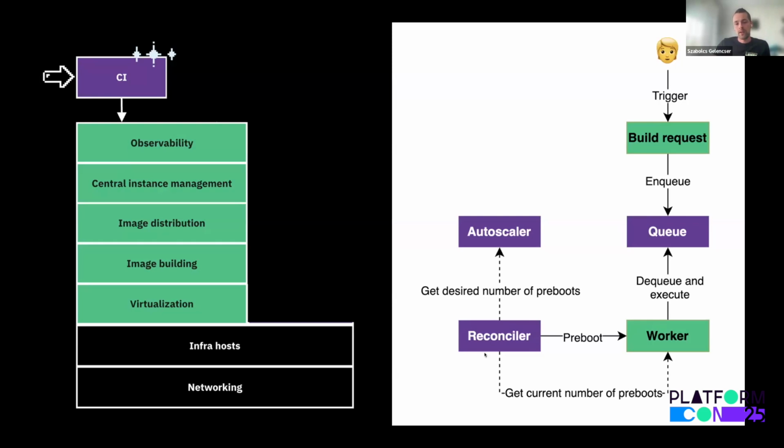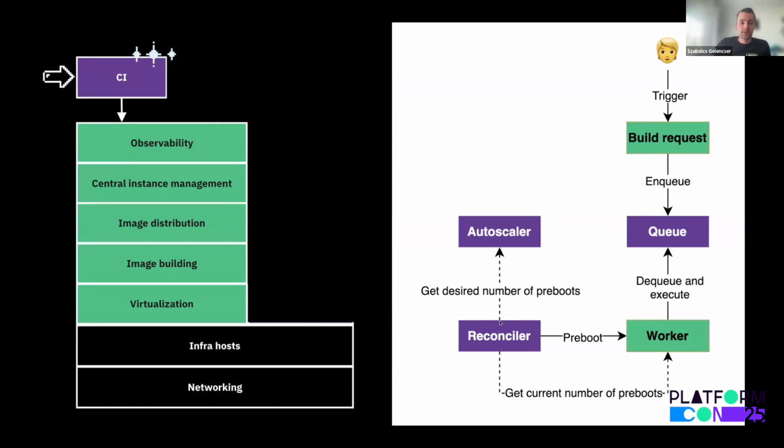And it looks into the current number of prebuilt VMs from the same pool. If you have fewer prebuilts than you need, then it will create some new workers for you. Workers are basically a component running inside the build VM that is capable of dequeuing and executing your task. And if you have more prebuilts than you should have, then it will downscale it. This is pretty much what the reconciler is.